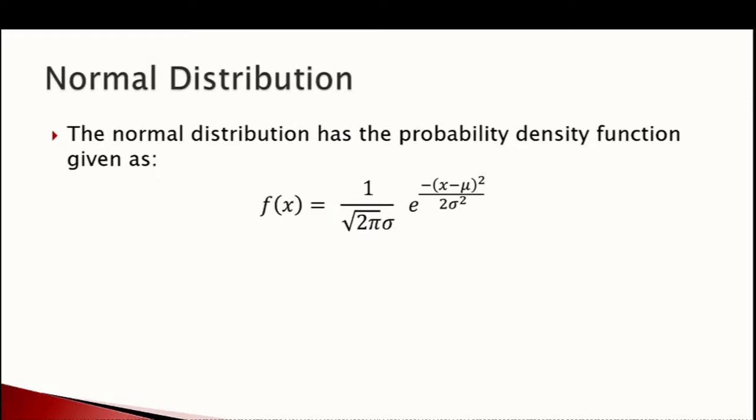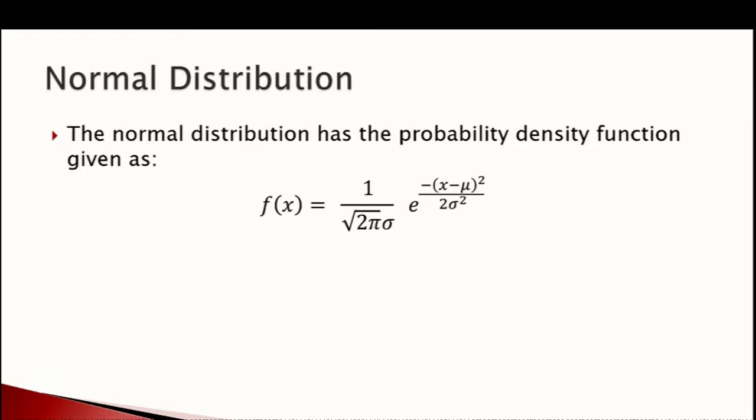Also, a reminder: there are two Greek letters that you have seen before. One is mu, the letter that looks like a U. You have seen this as the symbol for the population mean. And sigma, the letter that looks a little bit like the number 6, which you saw in the previous chapter, is the population standard deviation.